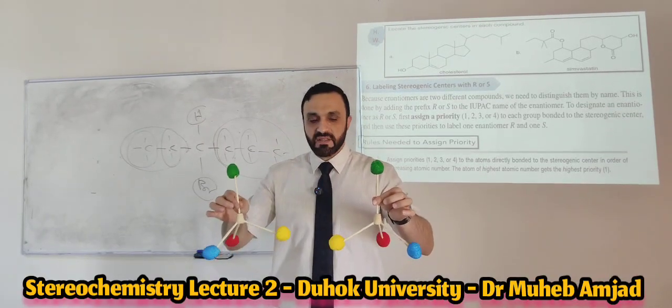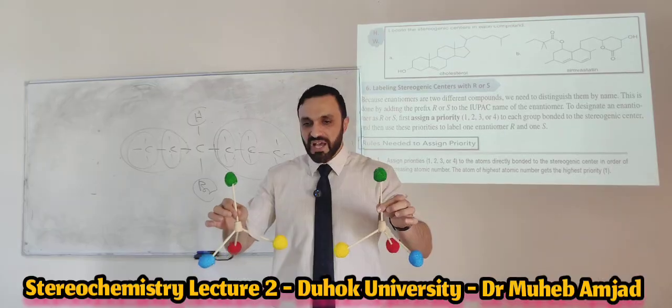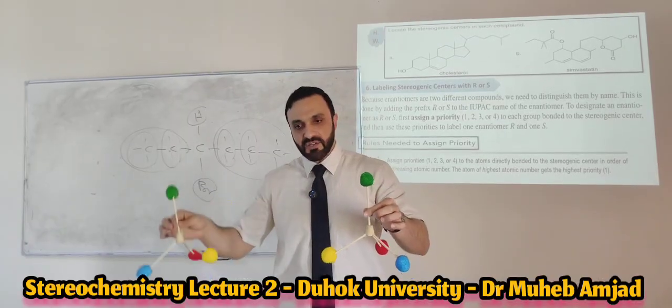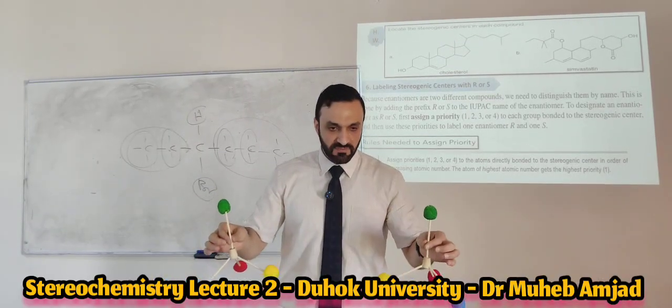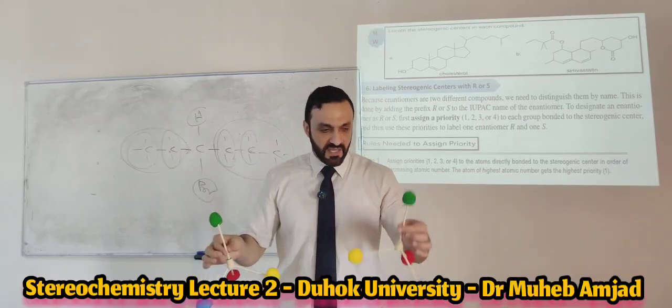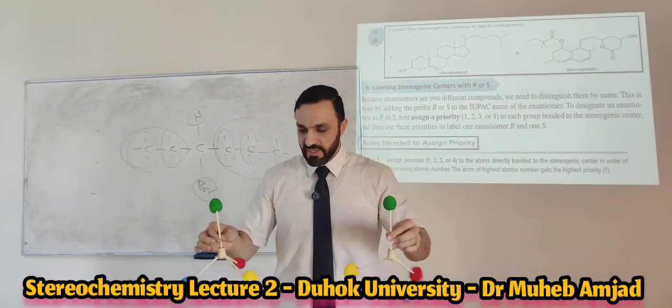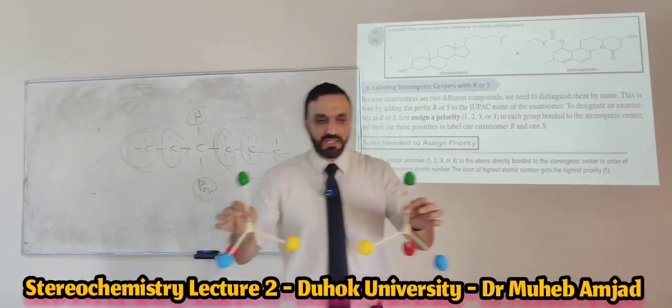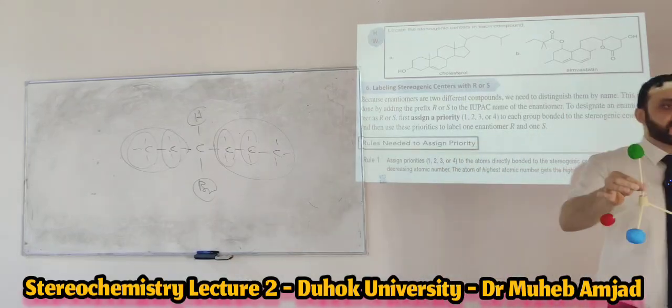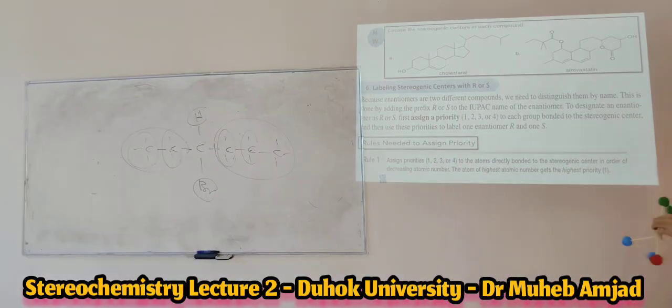For this reason, scientists use R and S. For example, R enantiomer, S enantiomer. What does R mean? What does S mean? We will see. Anytime we use S, anytime we use R. So the R and S system is used to distinguish between the isomers.